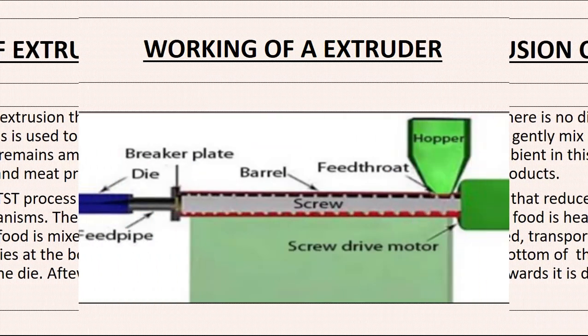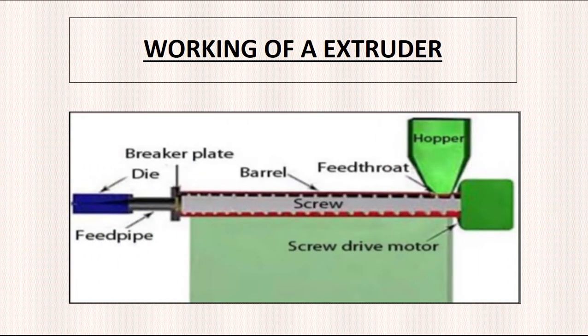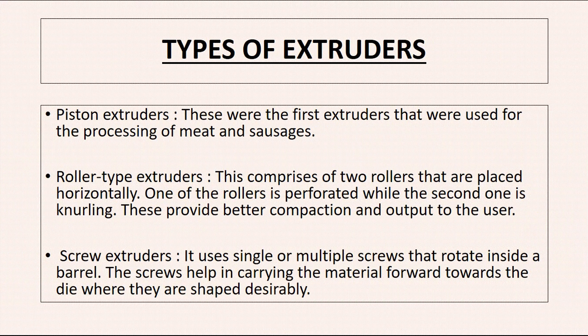So here we have an image of how an extruder works. The hopper is where we add the raw material, and the screw helps in taking that material towards the die where our ingredients are shaped and formed into the final food product. Now, finally, coming to the types of extruders, we have piston, roller type, and screw extruders.